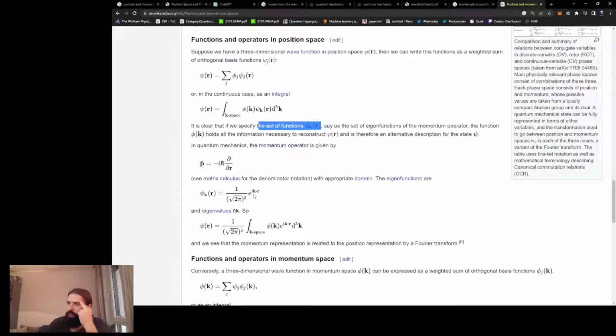What am I choosing? I'm choosing a basis which is the momentum operator basis. And why am I doing that?